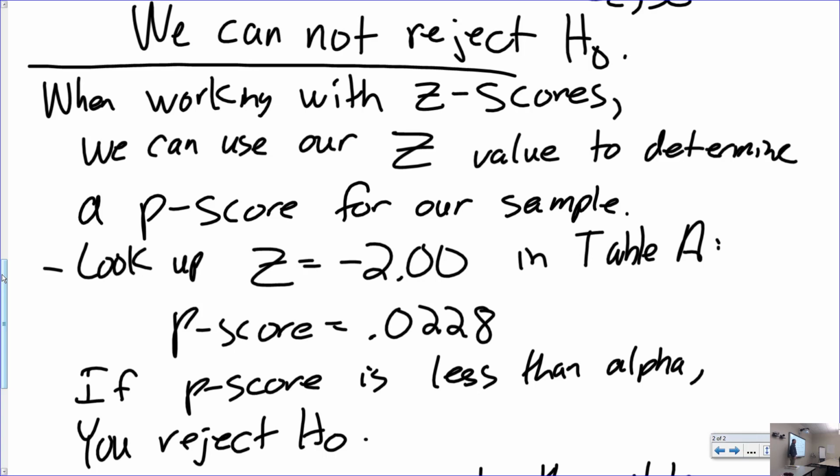Welcome to statistics, folks. This is why it's half math and half social science, because you can say two totally opposite things from the exact same piece of data. With a level of significance of 0.01, we cannot reject, but with 0.05, we can. And that's just what the data says, okay?